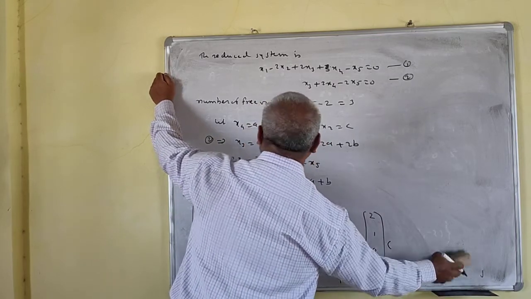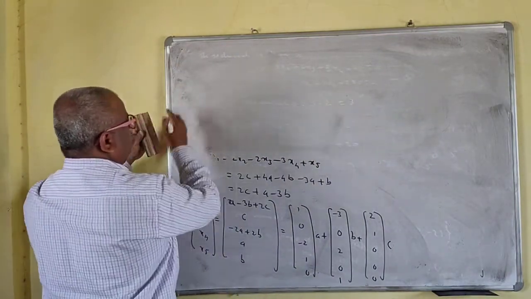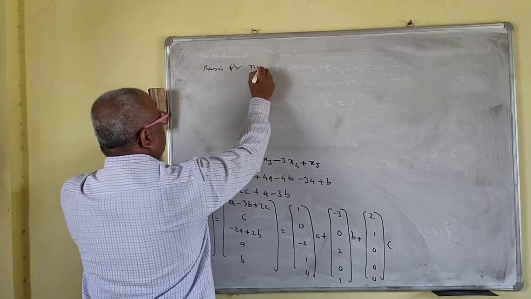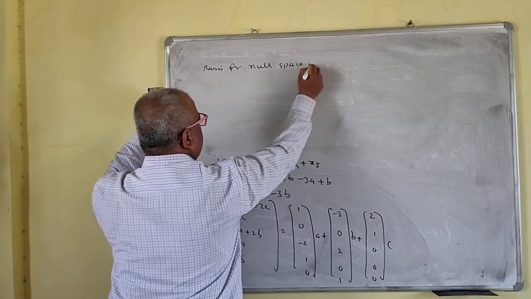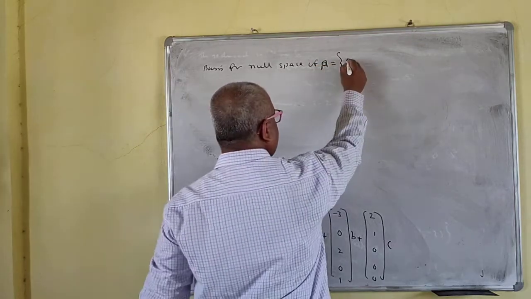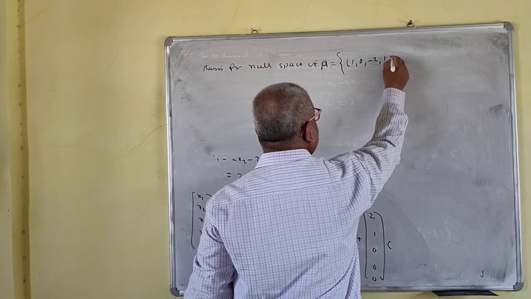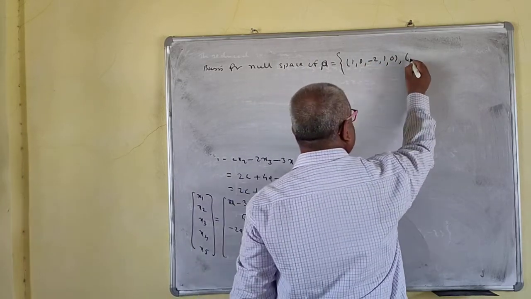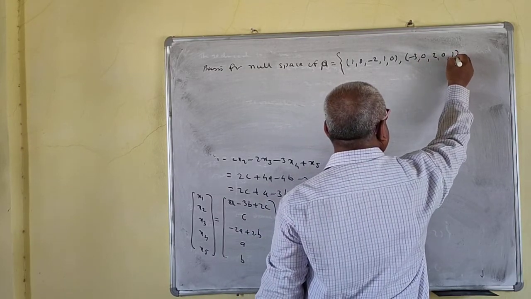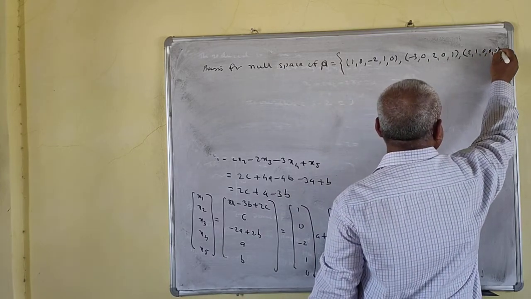Basis for the null space of A: (1, 0, minus 2, 1, 0), (minus 3, 0, 2, 0, 1), (2, 1, 0, 0, 0).